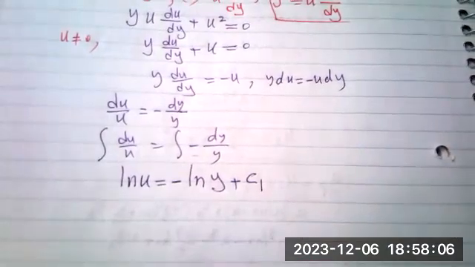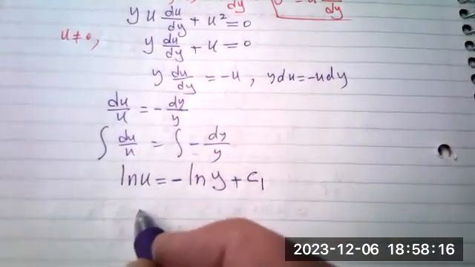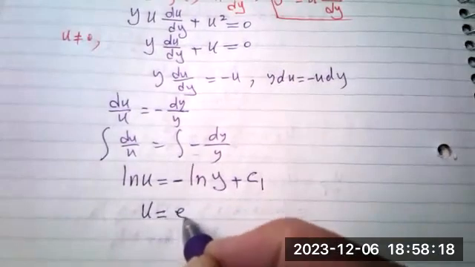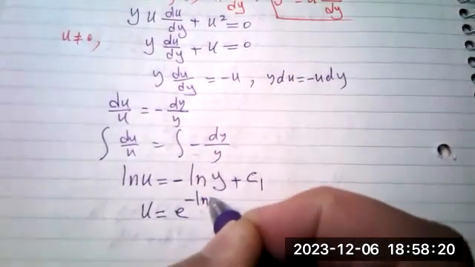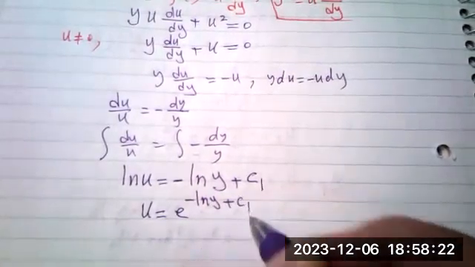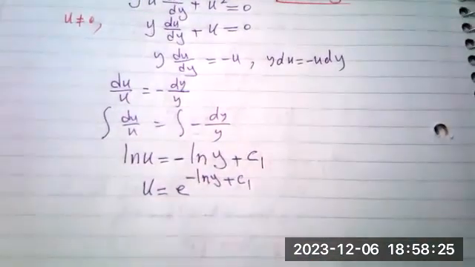You better simplify. You have to find u to be able to go on for the second part. A different way to simplify this one is to use the definition of ln. So u would be e to the negative ln y plus c1.